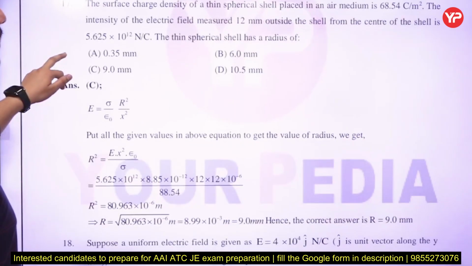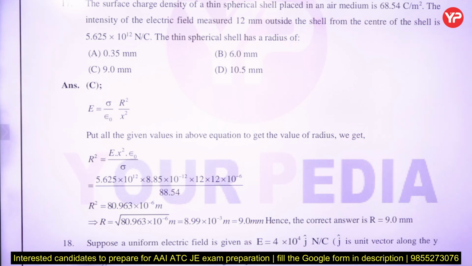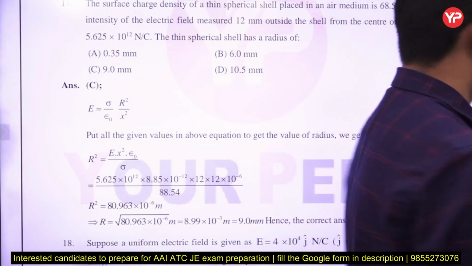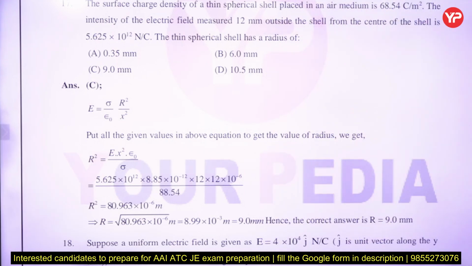Next, the surface charge density of a tiny spherical cell placed in an air medium is 68.54 coulomb per meter square. The intensity of electric field is measured 12 mm outside the cell, from the center of the cell.